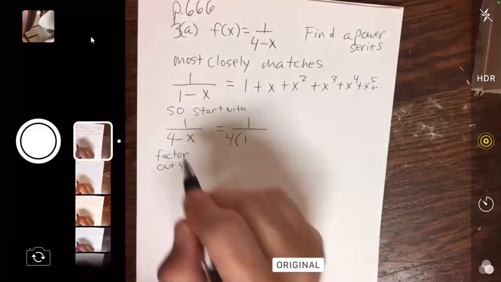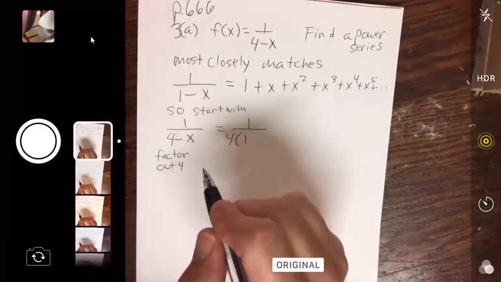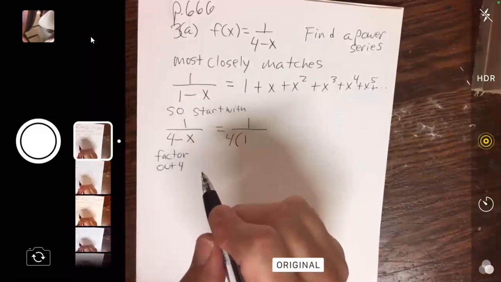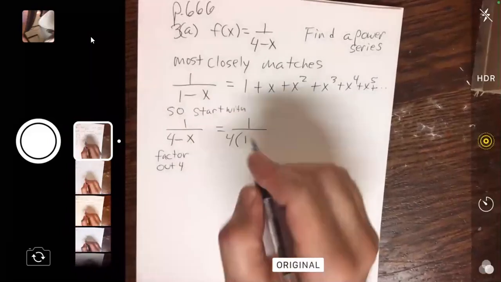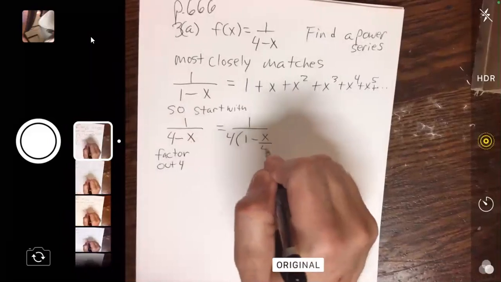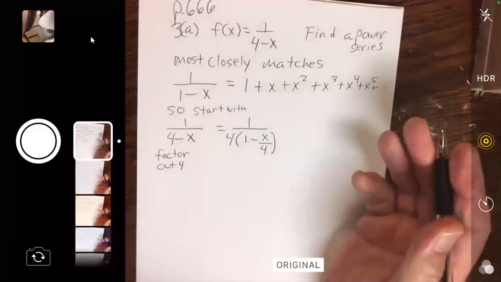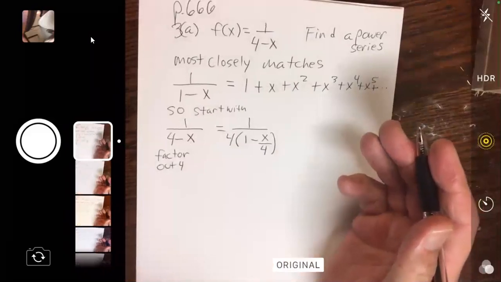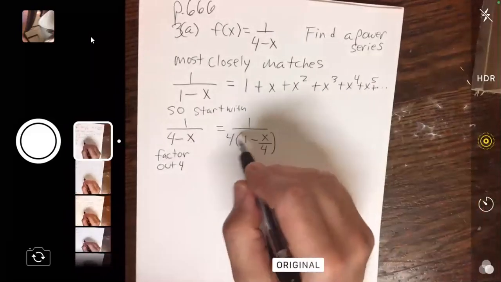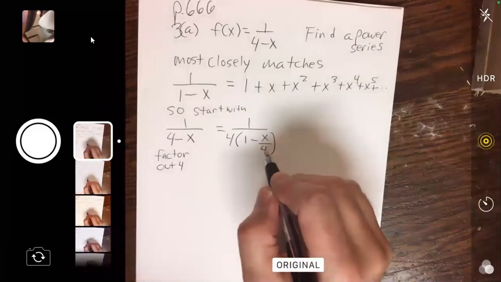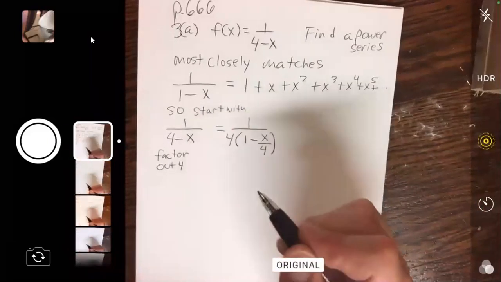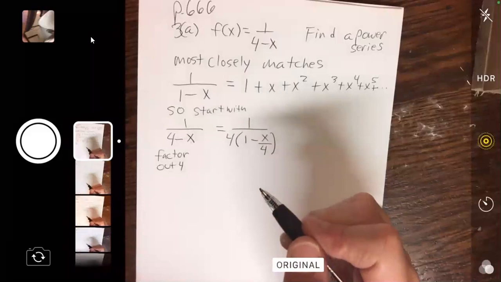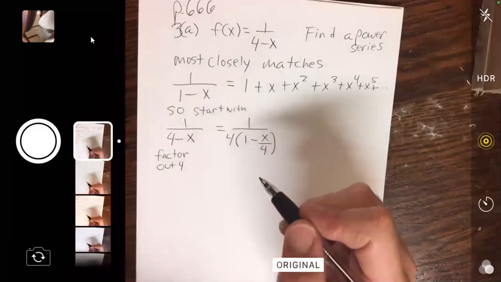I don't know if you remember this, we did this maybe once or twice earlier. You do an x, but you'd have to divide by 4 to get it to multiply back. So now I got 4 times 1 is 4, and 4 times x over 4 leaves me my x. Any questions about this?